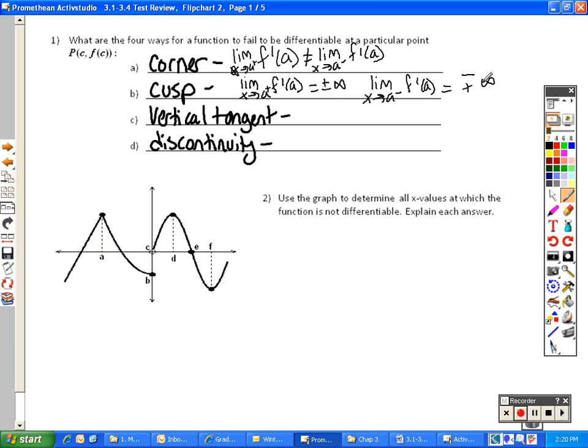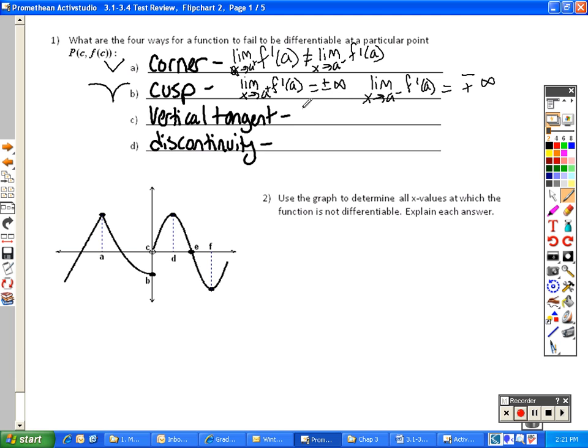So basically a cusp was like, as you're approaching a value from one side, it gets infinitely steep in one direction. In this case, it would be negative infinity. As you're approaching from the other side, it gets infinitely steep in the opposite direction. Okay, whereas the corner would just be a number, and those numbers are not the same.